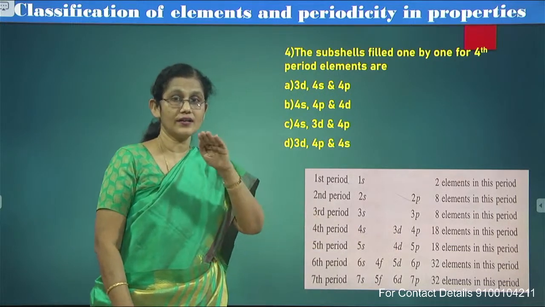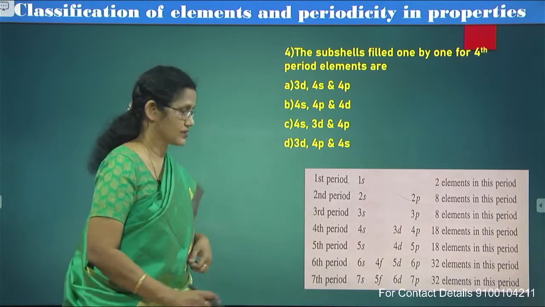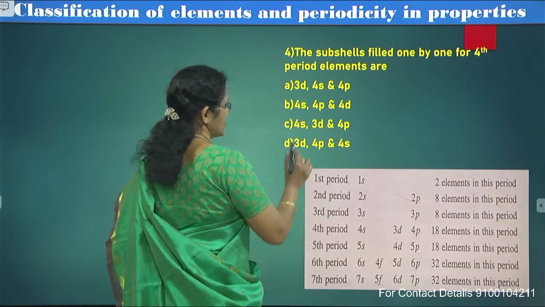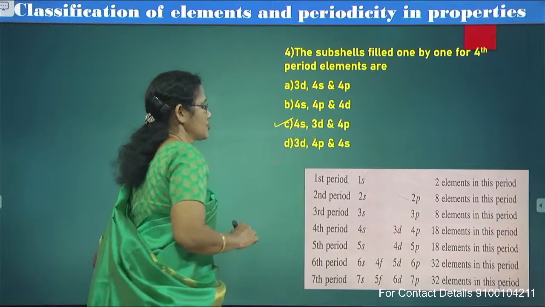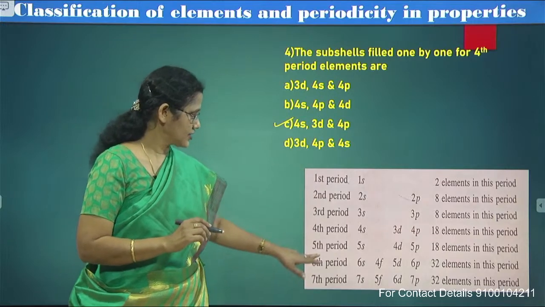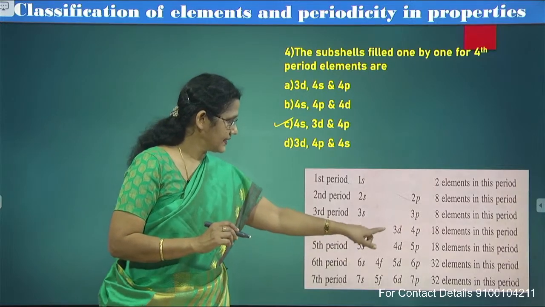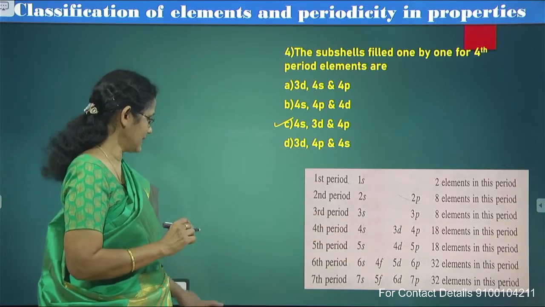That is the order of filling of various orbitals. So, the third option should be the correct answer. We have discussed the order of filling for each period: 4s, 3d, 4p. So, the third option should be correct.